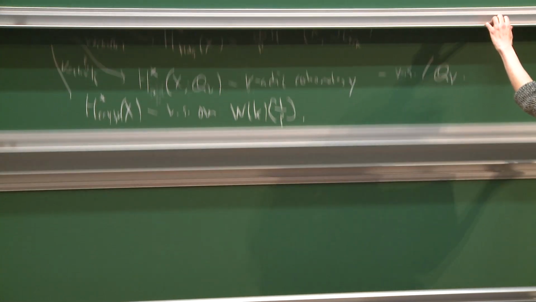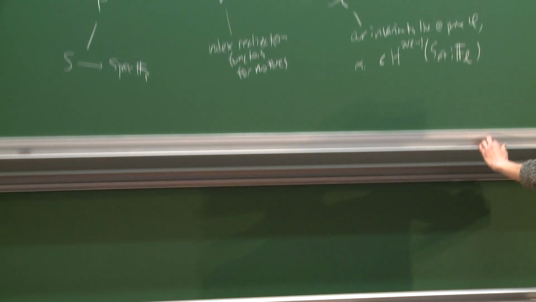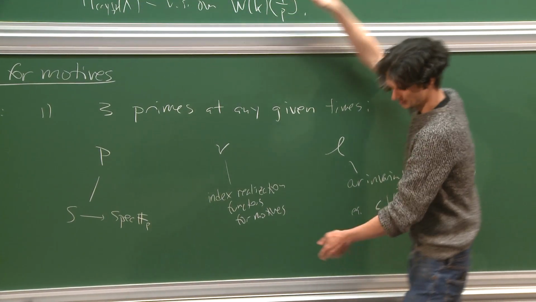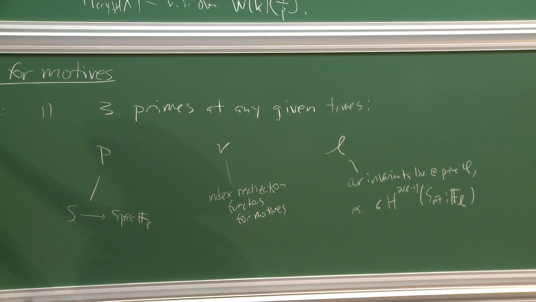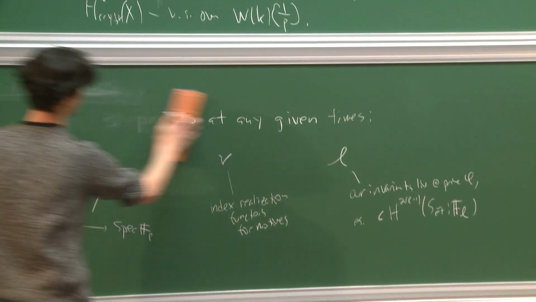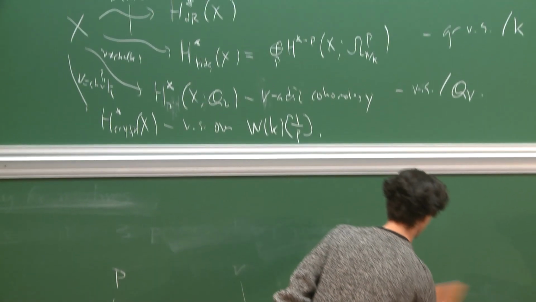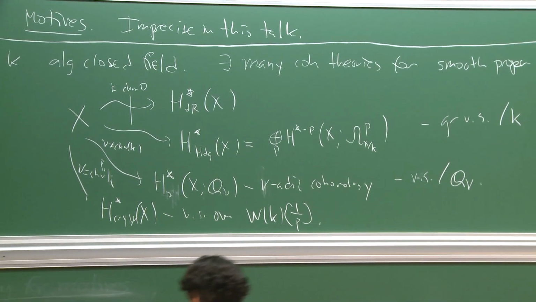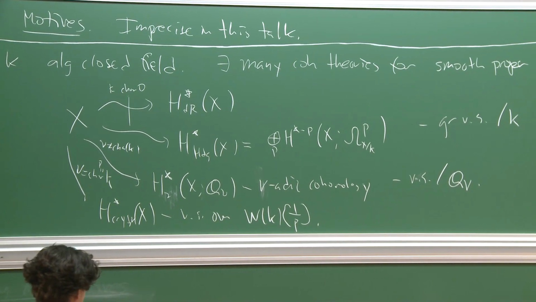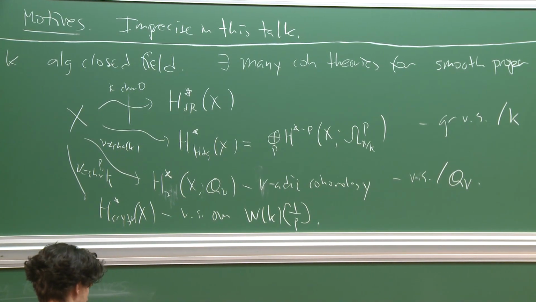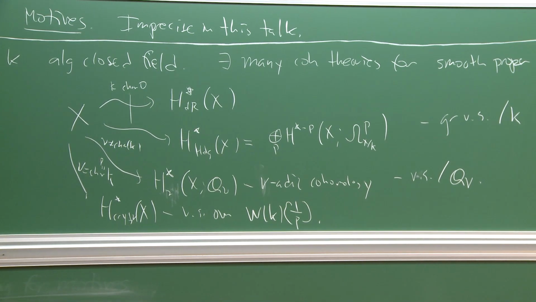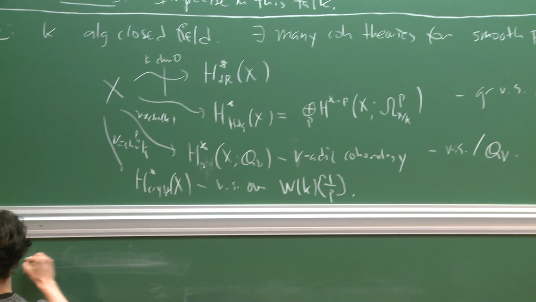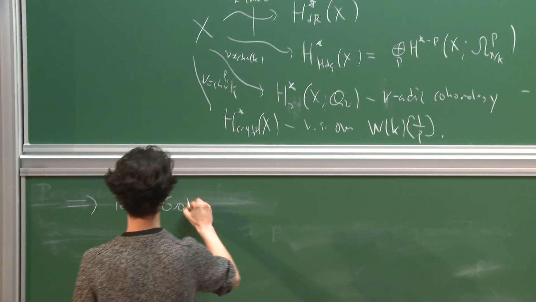And this plethora of cohomology theories with various extra structures and relationships between them led, I guess, Grothendieck to posit this idea of motives. Okay. So, idea of Grothendieck.